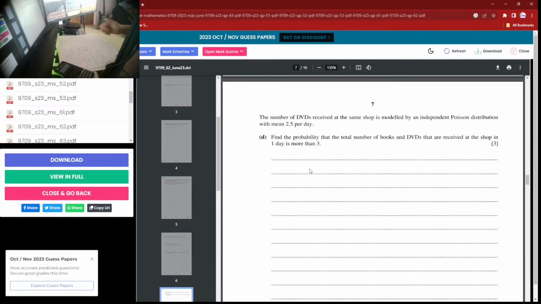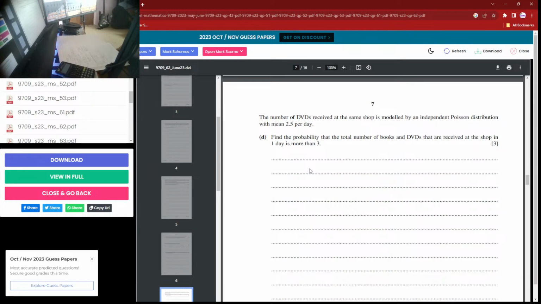For D. Okay, for D, the number of DVDs received at the same shop is modeled by an independent Poisson distribution with mean 2.5 per day.